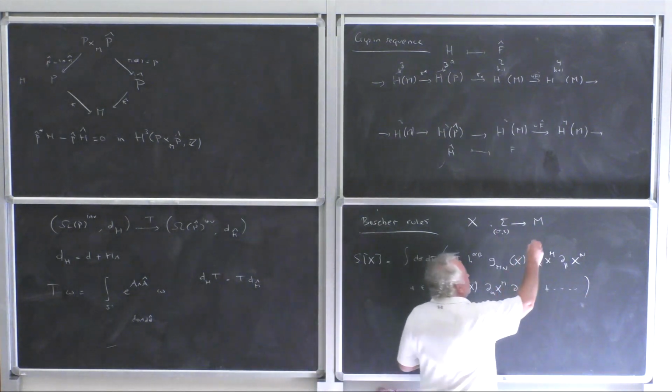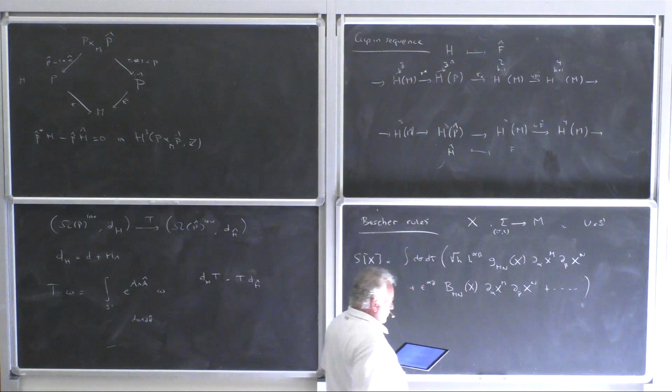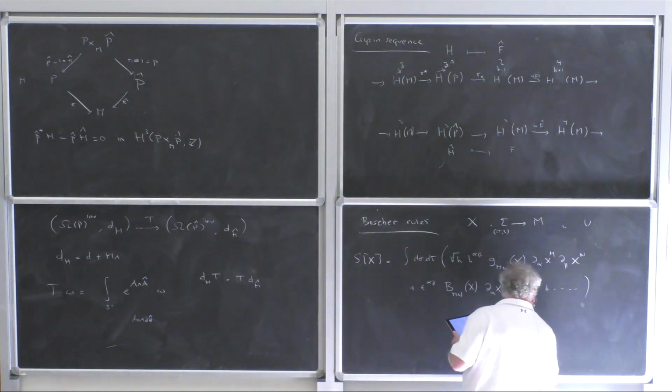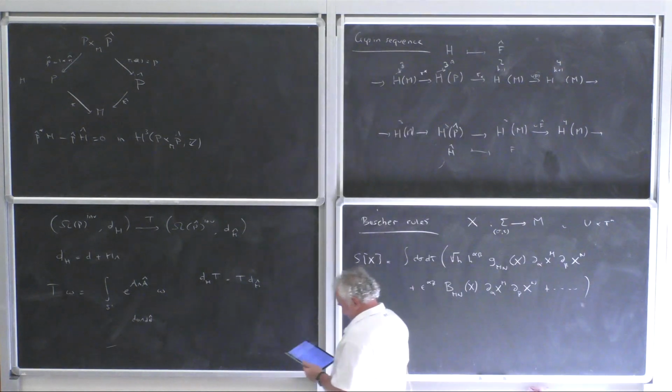So I'm taking M to be locally something like U cross S1, or even U cross maybe a torus. So a torus bundle.